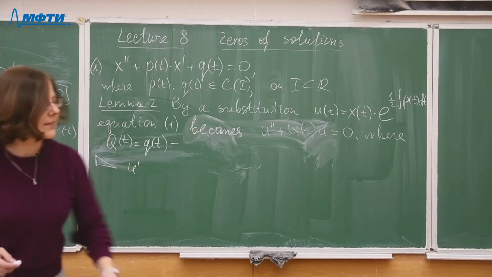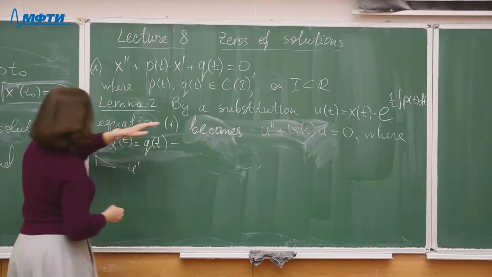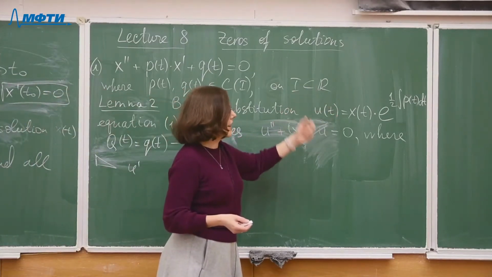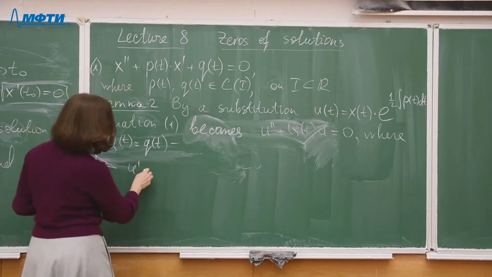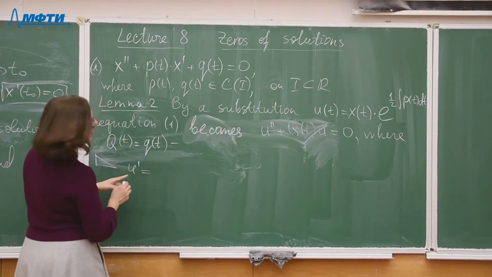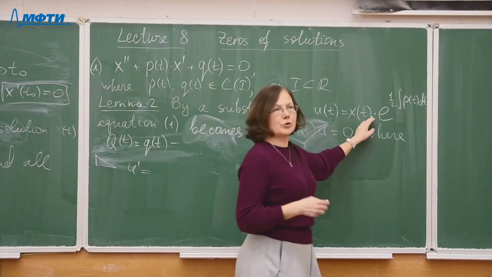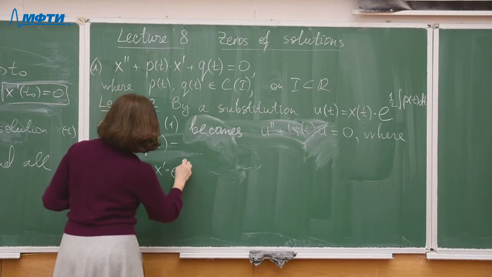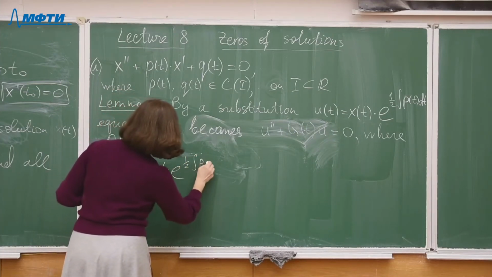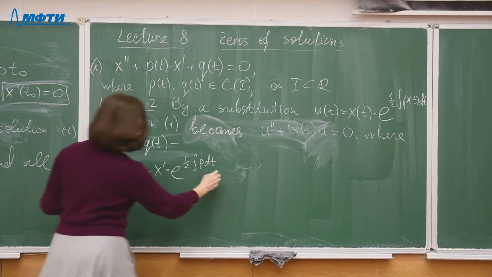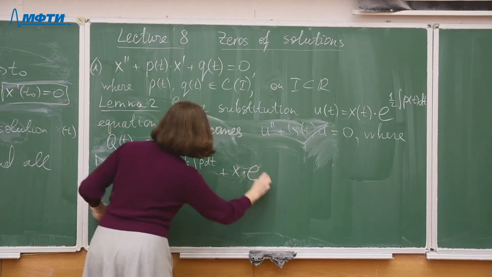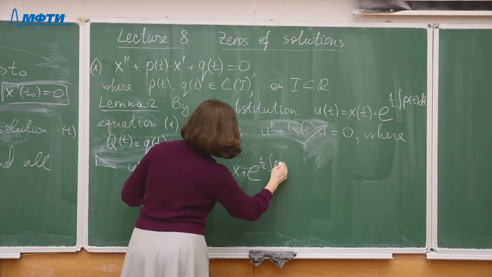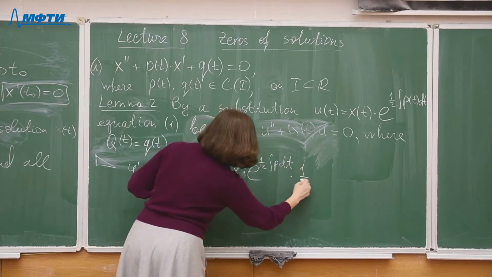So this lemma is technical. Let's take a derivative of this function. Let's differentiate twice. So u prime: we will use the product rule and we will get x prime times e to the power 1/2 the integral p dt, plus x times the derivative of this function, times 1/2 p.